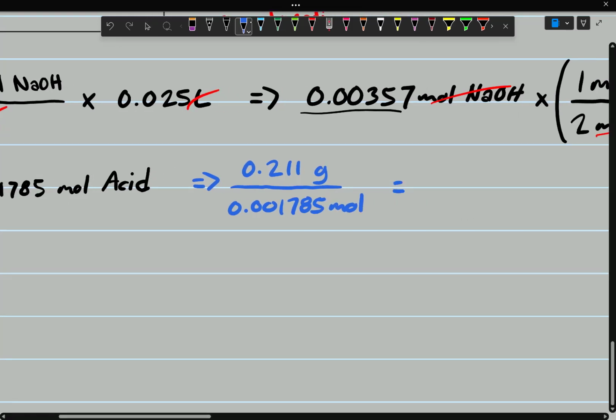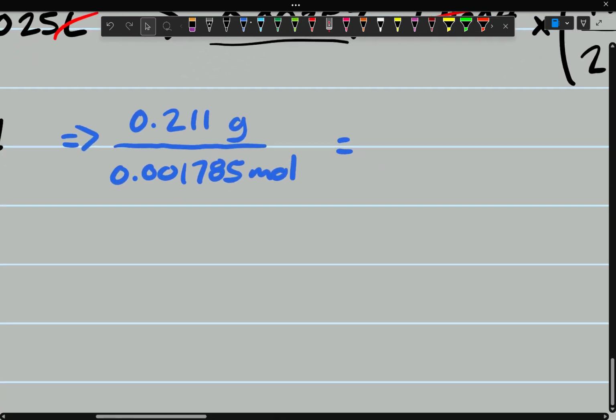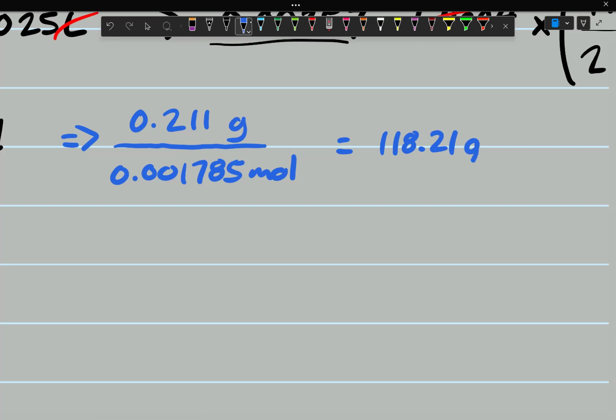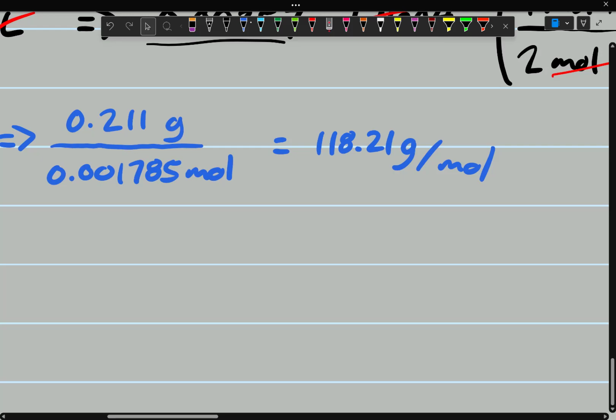And if you plug that into the calculator, you get 118.21 grams per mole, and that is the molar mass of our acid.